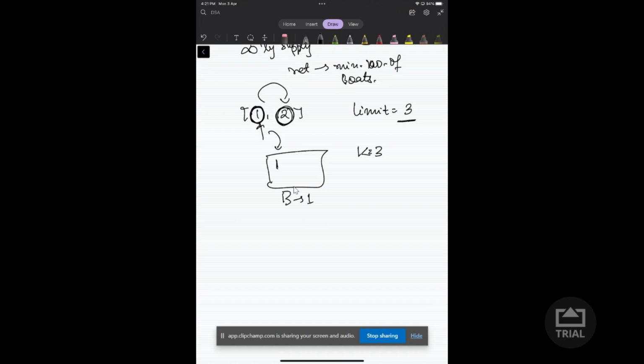We have 2 here. Now the limit becomes 3 minus 1 equal to 2. We check if the second person fits. Yes, we can still take the second person. So both of them can fit in one boat, and that will be my minimum number of boats.